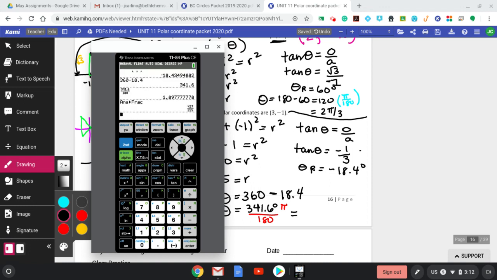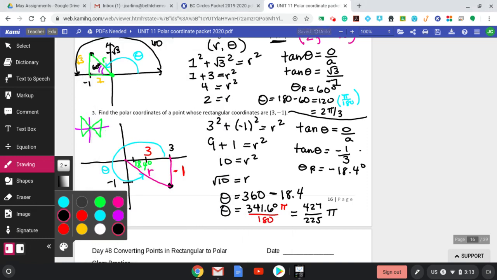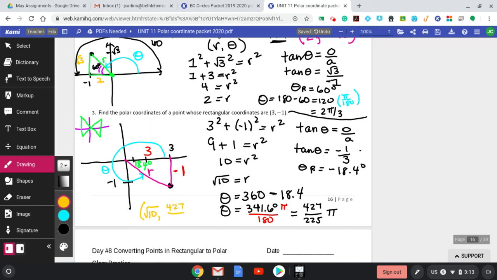Yep. 427 over 225 pi. Okay. So my final answer here is going to be, let's see, what was my r value? Radical 10. And my angle, 427 over 225 pi. There we go. Not the prettiest, but it works.